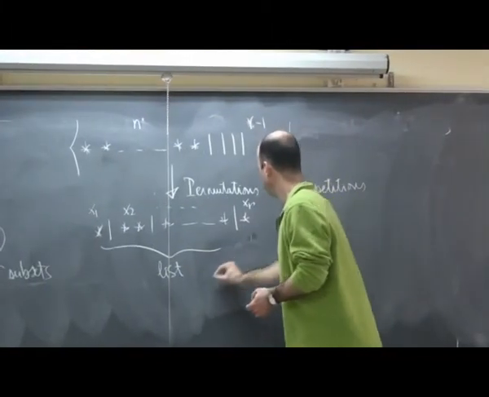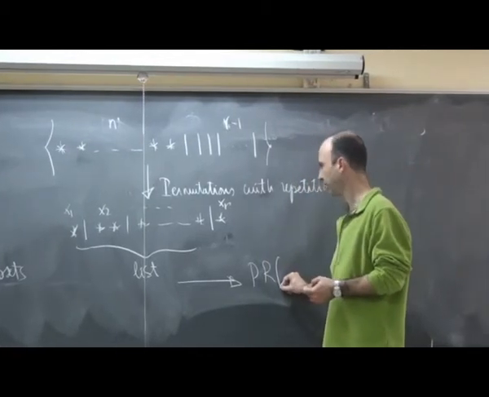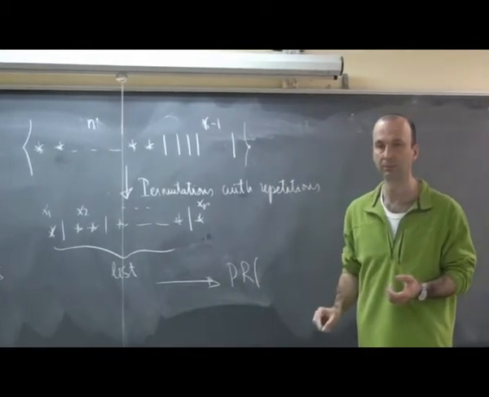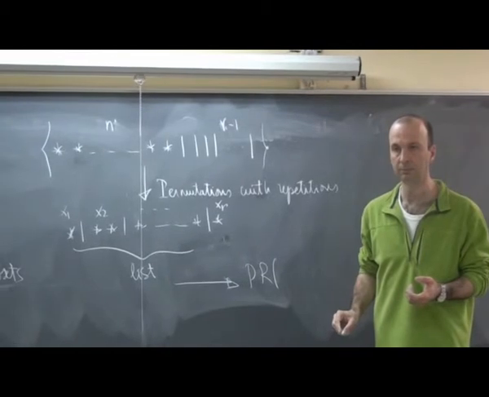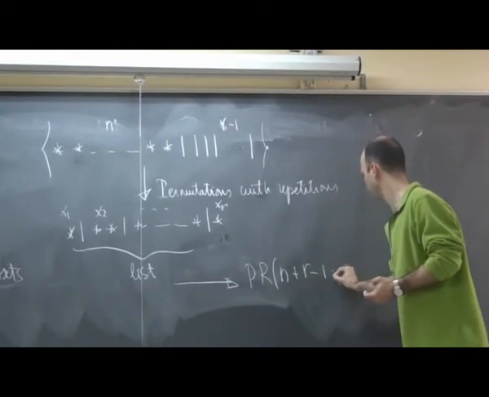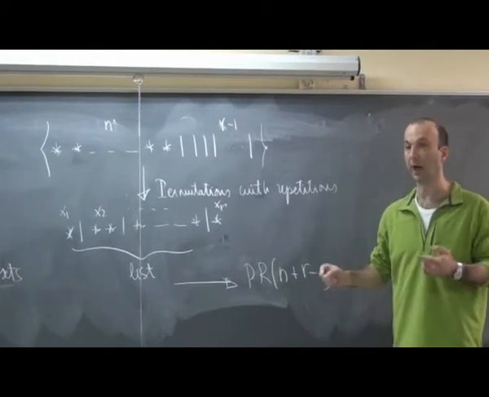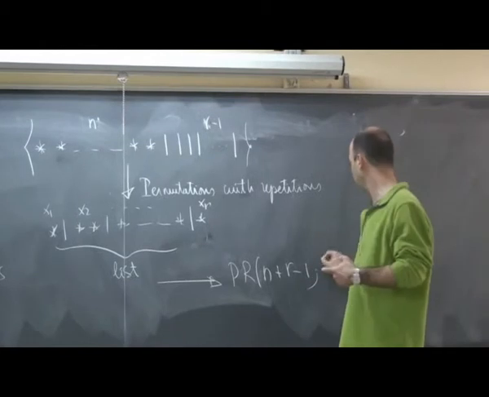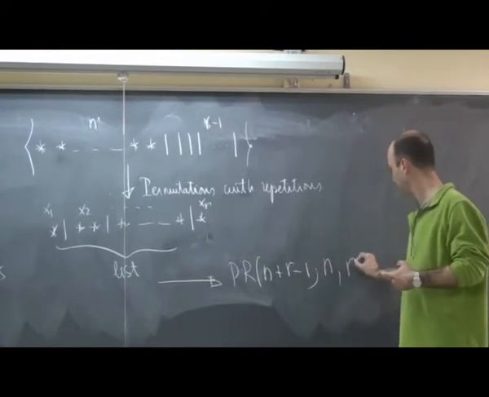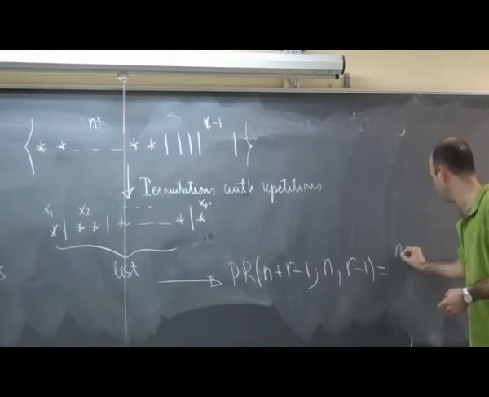How many of those permutations? Permutations of what? n plus r minus 1, yes, perfect, with n repeated and r minus 1 repeated. Okay, so I'm going to write down the numbers for this.